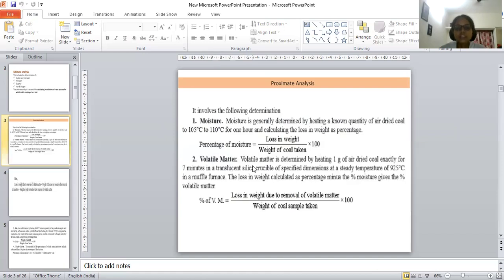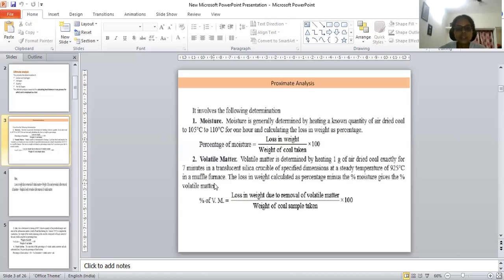Next one is volatile matter. Volatile matter is determined by heating 1 gram of air-dried coal exactly for 7 minutes in a transparent silica crucible of specified dimensions at a steady temperature of 925 degrees centigrade in a muffle furnace.